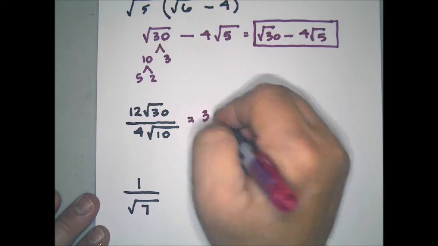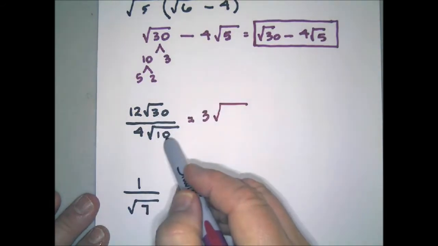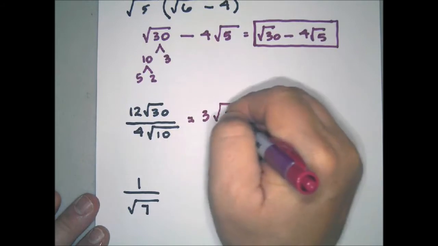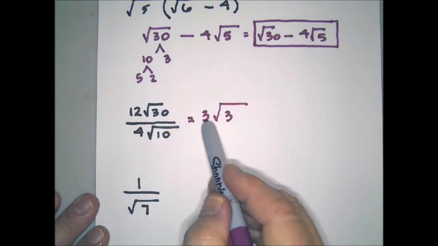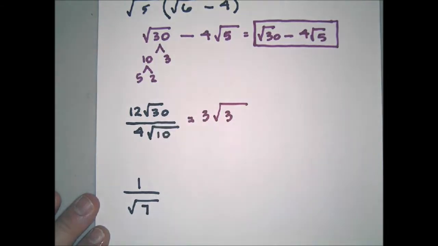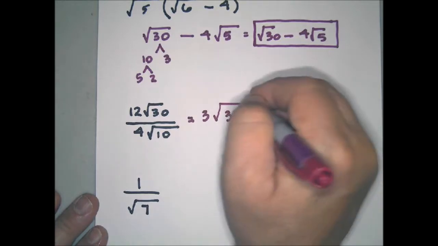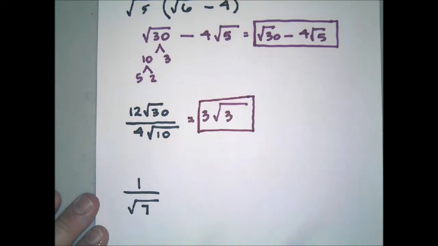And you can also reduce the insides. So 30 over 10 is also 3. But what you do to the outsides stays outside, and what you do to the insides stays inside. And then if there's any more cleanup to do, then you just clean it up. But in this case, there wouldn't be.